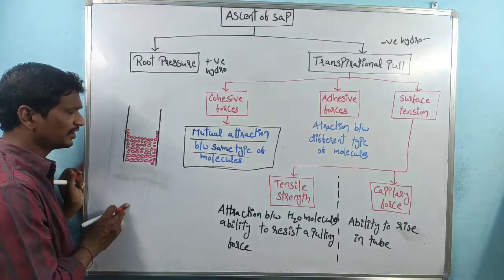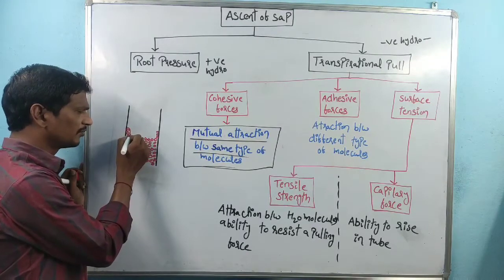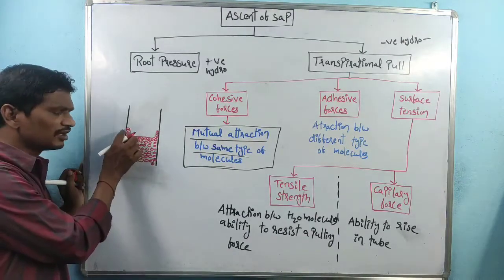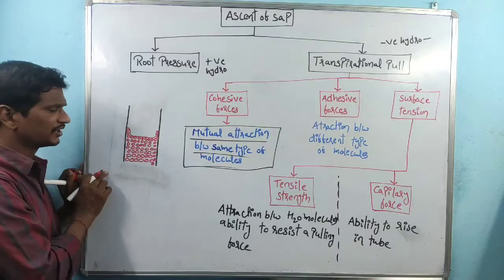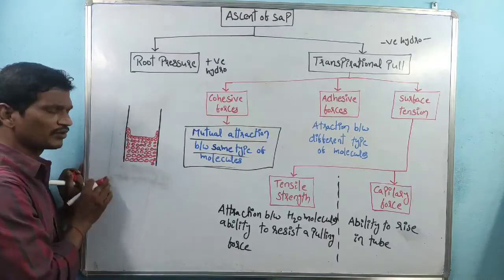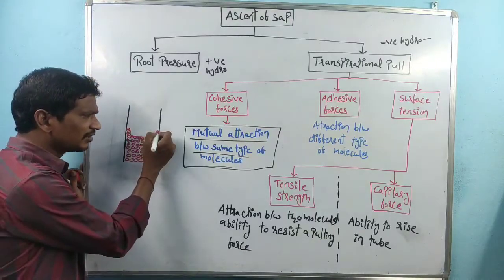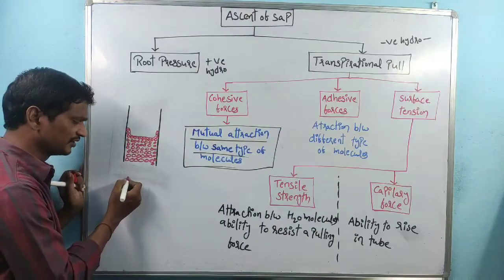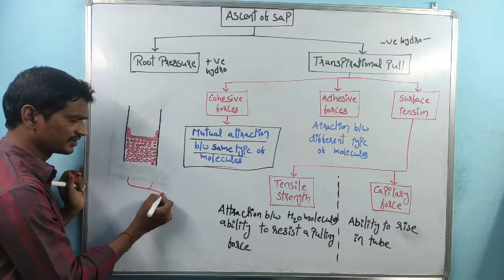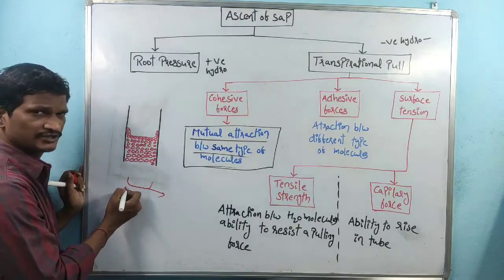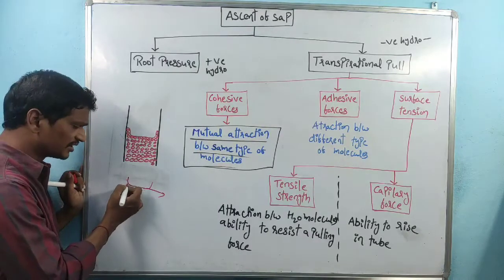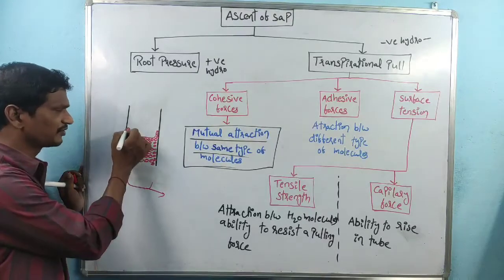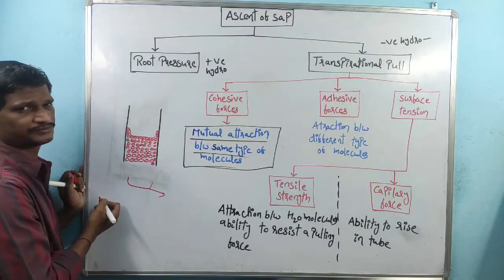If we observe the upper part of the water, it is slightly higher at the walls of the xylem vessel than in the middle. This is the normal level, this is the water level. But if we observe the edges, the level is slightly higher because the water molecules are attached to the walls.